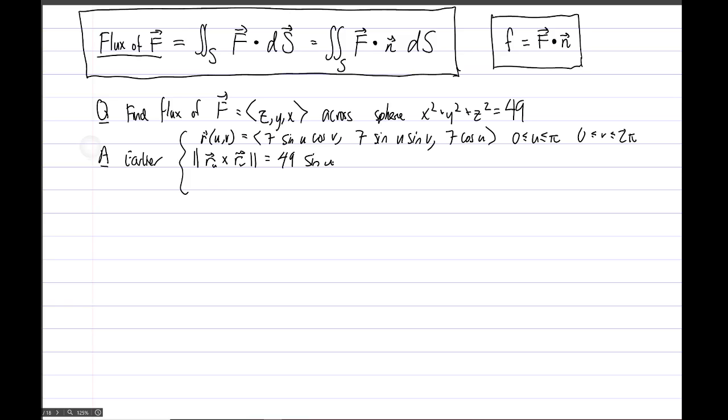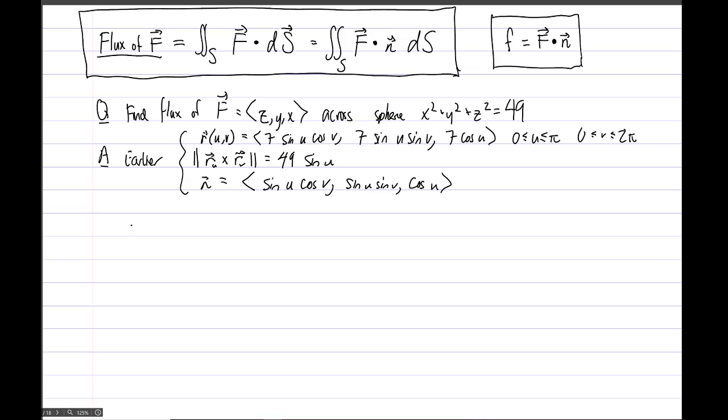And we had also worked out earlier that the outward orientation should be this divided by that, with an appropriate sign of either a plus or minus in front, but we had worked out that the orientation in this case should be sine of u cosine v, comma sine of u sine of v, comma cosine of u.